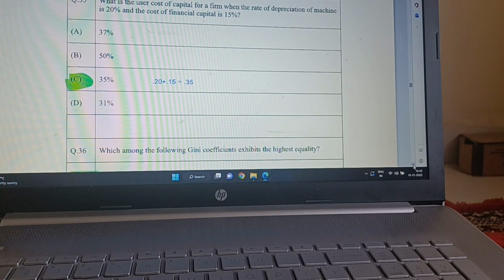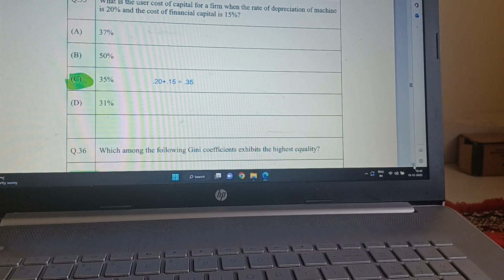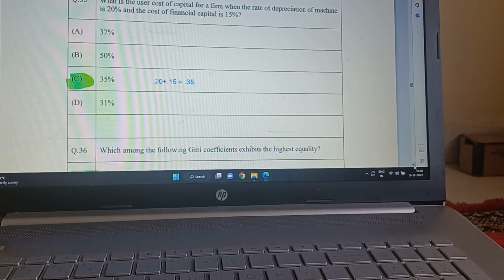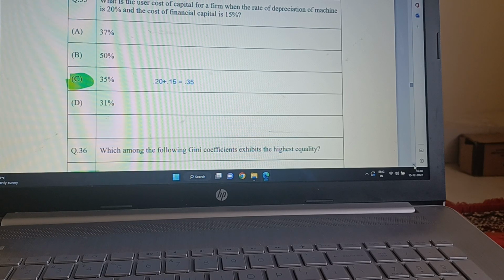But you used that 100 rupees for buying some machine, and that machine depreciated by 20% in 1 year. It means its value is now only 80. So you paid 15 as interest and 20 is the depreciation. Hence on the initial 100 amount you are losing 35. So that is the answer.